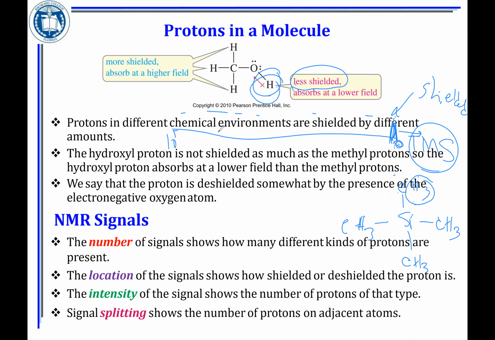So if we look at OH, it is going to appear here. But if you look at an aldehyde hydrogen, okay, aldehyde would appear between 9 and 10. So if this is 9, that's 10, the aldehyde hydrogen would appear here.